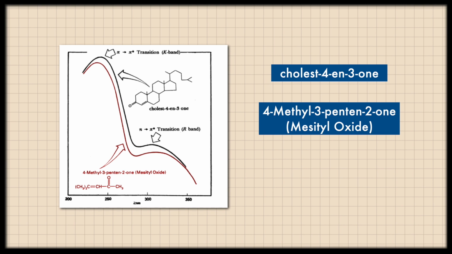The functional group of both of these molecules is an alpha beta unsaturated ketone. So here we can see that the K band has high intensity, but the R band has low intensity. The reason is that the K band is an allowed transition, whereas the R band is a forbidden transition. I'll not go into the detail about allowed and forbidden transitions. You'll learn more about this in physical chemistry classes.